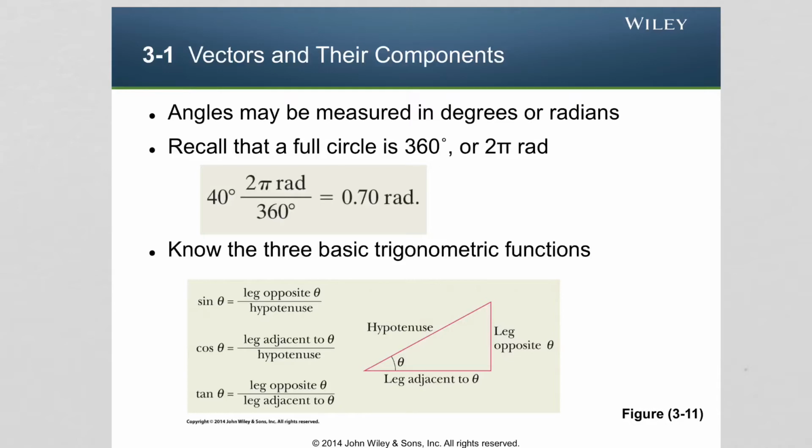So it is important to remember that one full rotation around the circle has 360 degrees, or 2 times pi radians. And of course, in order to be able to resolve a vector by its components, it is also important to remember the definitions of sine, cosine, and tangent.